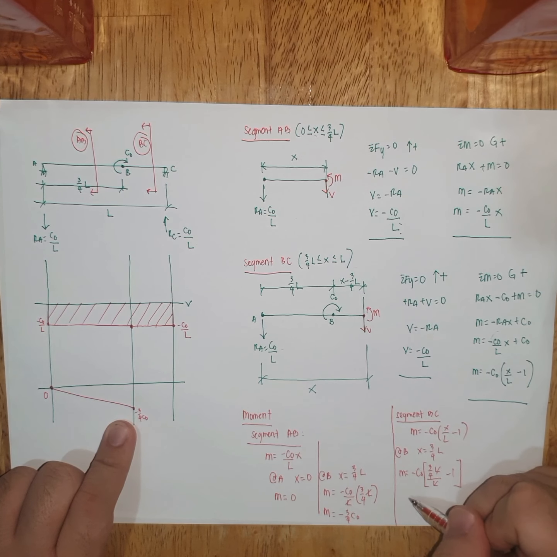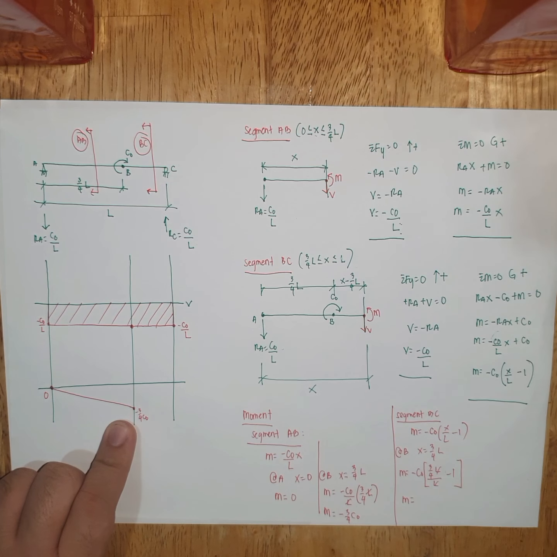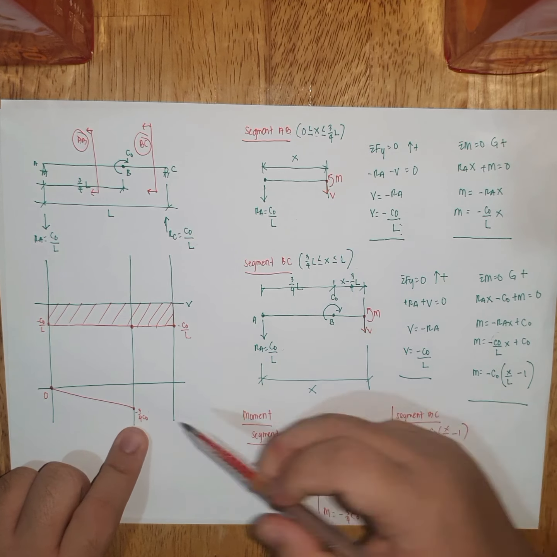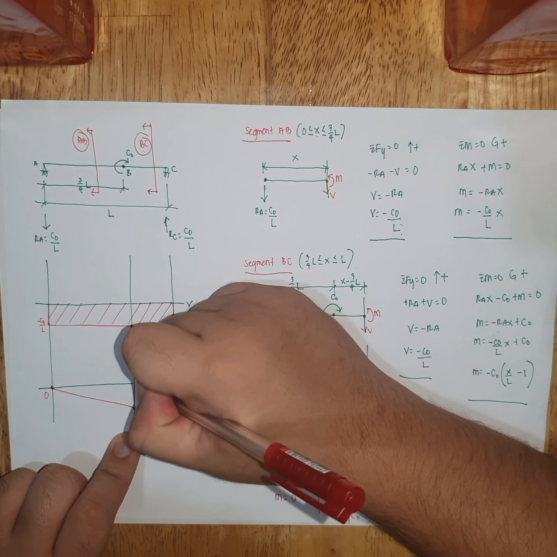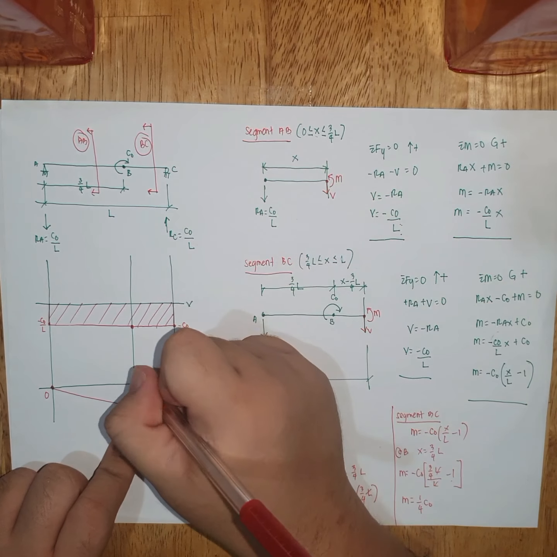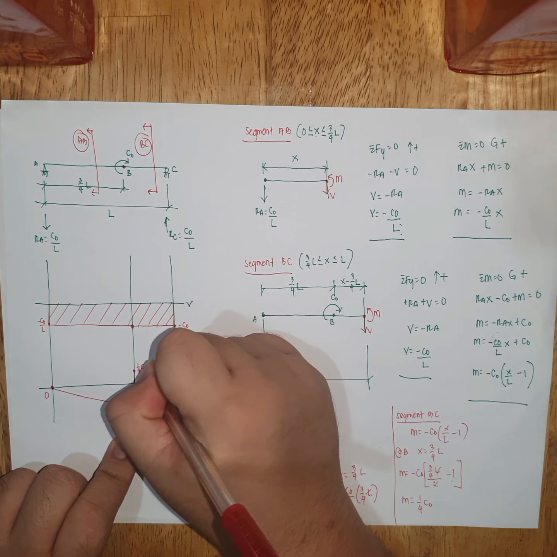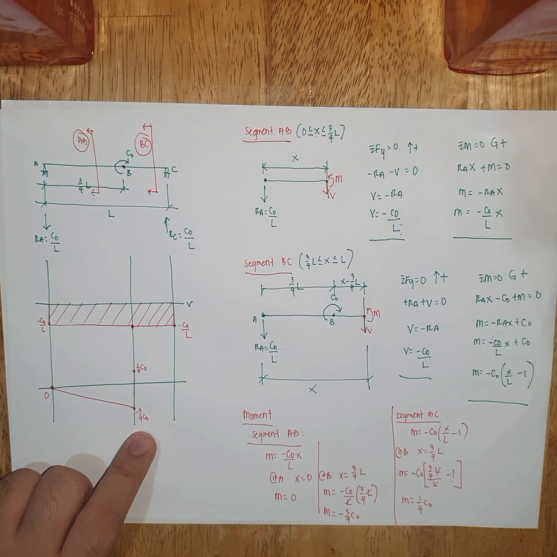Cancel out to. So M is equals to, so 3/4 minus 1 is negative 1/4. Negative 1/4 times negative CO is 1/4 C sub O. So meaning, pagdating dito sa next segment natin, 1/4 CO siya. So from negative 3/4 dito, kailangan umakyat tayo ng 1/4 CO. Okay?